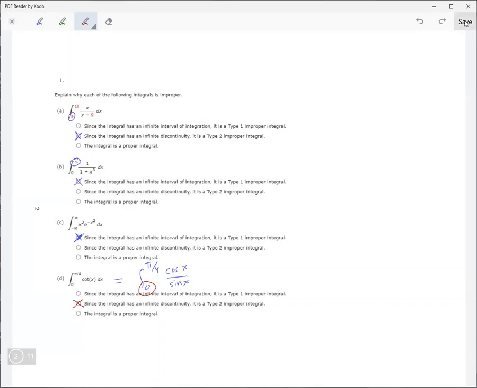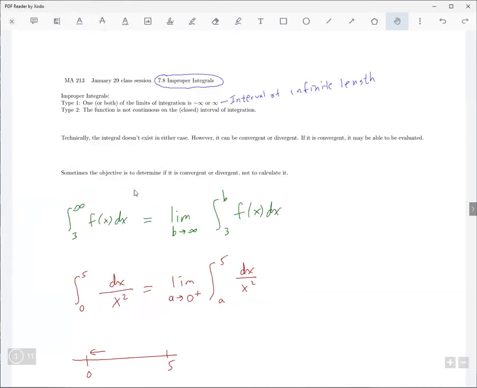Okay, any questions on that at this point? Once again, type 1 is where your interval is of infinite length, and type 2 is where it's not continuous on the closed interval.